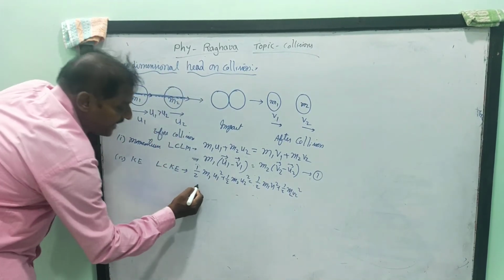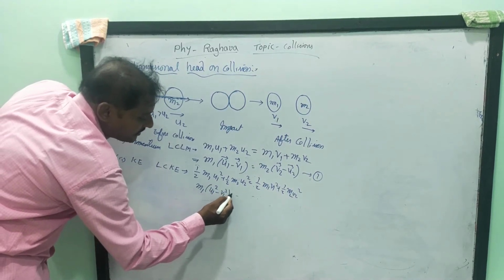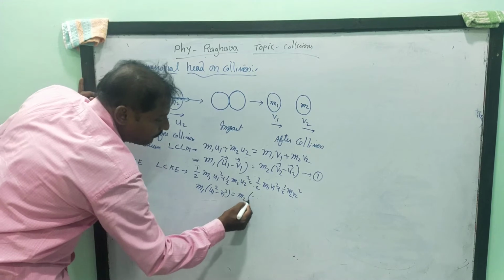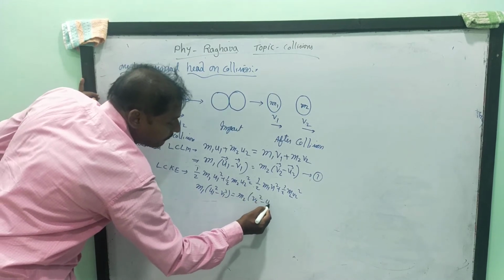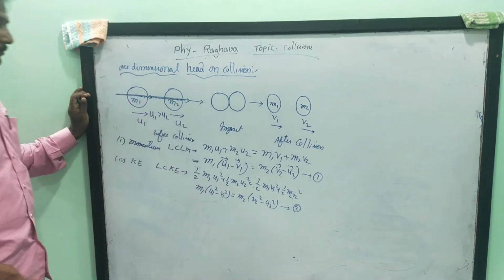So simply we can write m1 of (u1 square minus v1 square) is equal to m2 of (v2 square minus u2 square). Equation 2.